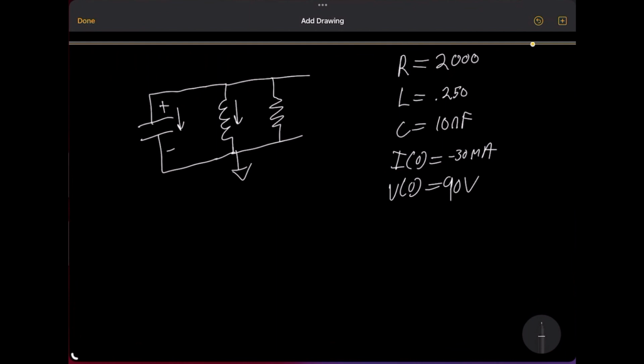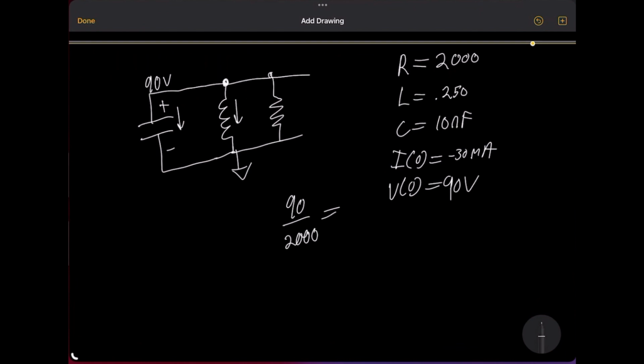And we know that the voltage is 90 volts originally going through everything. So it's 90 volts up here, which is also going through this resistor. So we know that 90 divided by 2000, which is the resistance, will give us current, which is going to give us 45 milliamps is equal to I sub R, we're going to call it.